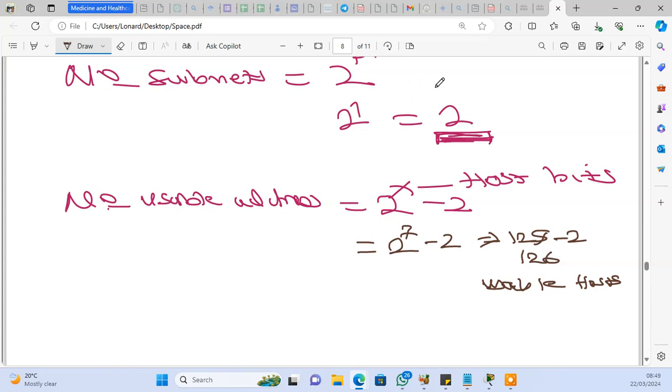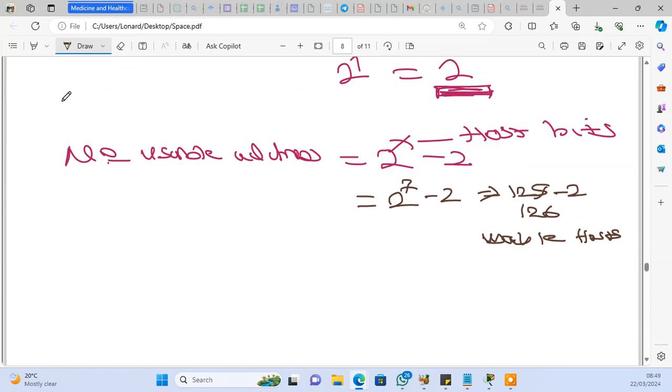So each group, because here there are 2 networks, so each network is going to have a total number of usable hosts as 126.